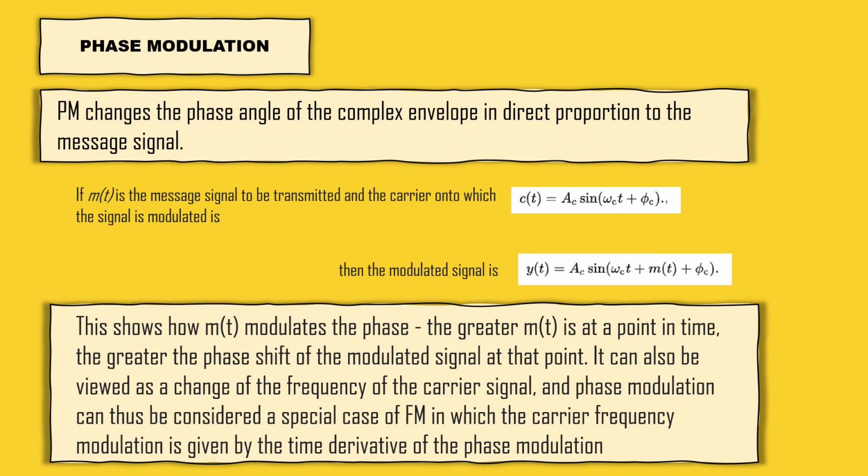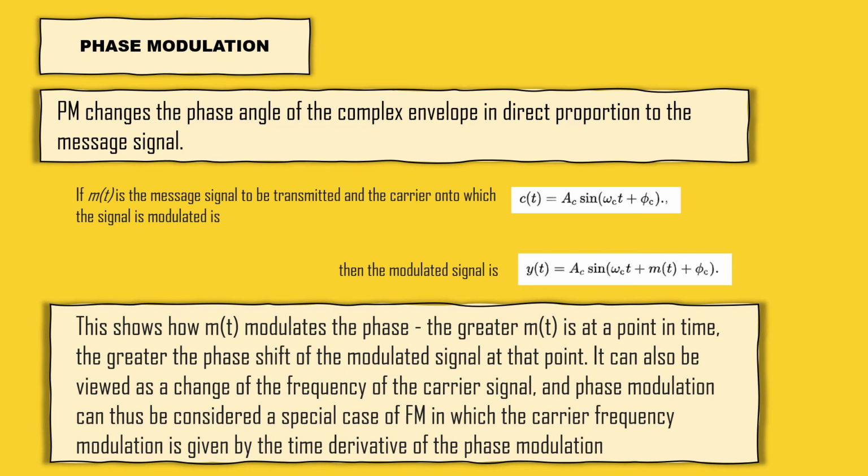So if m of t is the message signal to be transmitted, and the carrier onto which the signal is modulated is c of t equals a sub c sine of omega c t plus phi sub c, then the modulated signal is y of t equals a sub c sine of omega c times t plus m of t, plus phi sub c. This shows how m of t modulates the phase.